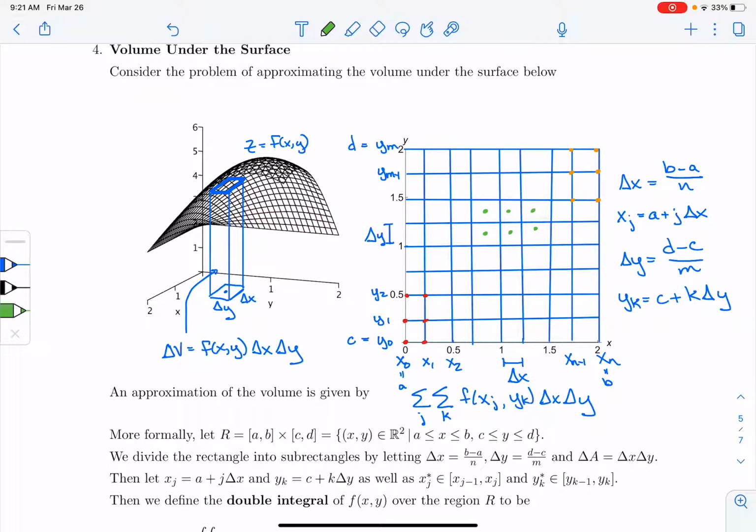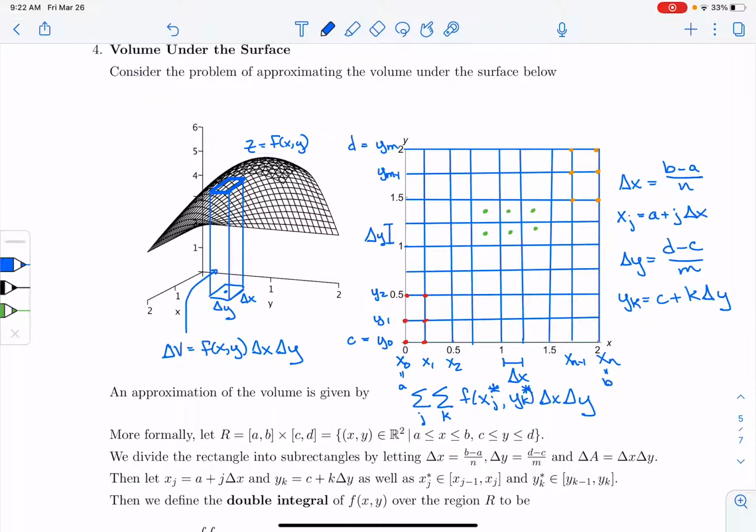In any case, it doesn't really matter which point I choose within the squares if we're letting the squares themselves get smaller in both width and height. So a lot of times we write x j star and y k star, meaning any point that's within these squares. I keep saying squares because they're represented on this graph as squares, but they could be rectangles of width delta x and height delta y.